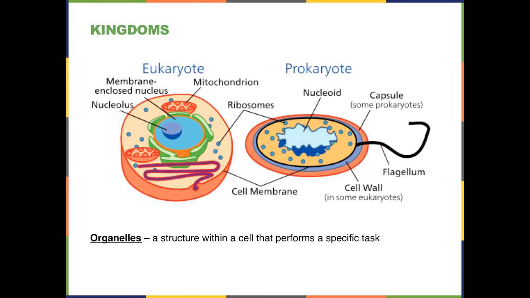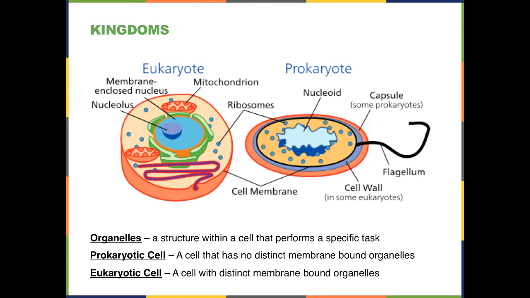On the prokaryotic side, except for the ribosome, there are no real membrane-bound organelles. You have a nucleoid, but there's no membrane there. It's just where the DNA happens to gather, and there are areas throughout the cell where many of these functions occur. So a prokaryotic cell has no distinct membrane-bound organelles, whereas a eukaryotic cell has distinct membrane-bound organelles.